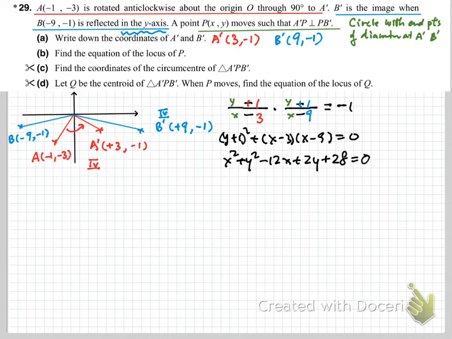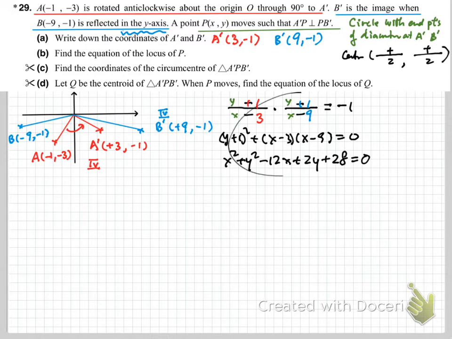This is an algebraic method. You use m1 times m2 equals minus 1. Or you can do it with geometry, knowing that it is a circle with endpoints of diameter A prime, B prime. So the center will be the midpoint of A prime, B prime. Alright, this is an alternate method.